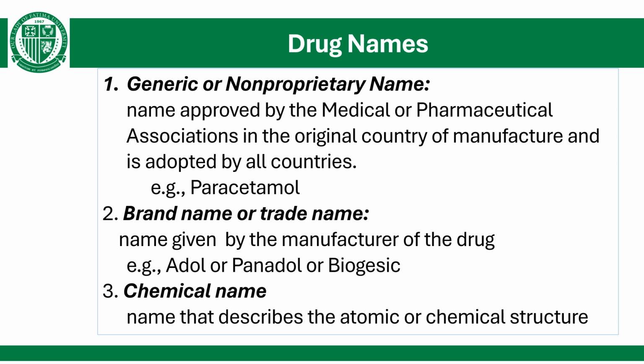These are medications with a generalized name for the whole public, for the whole world or different countries to accept or call, not according to the manufacturer, but as a given name in order to identify the functions and needs of these medications. The best example that we have is paracetamol. That is a generic name for the medication.